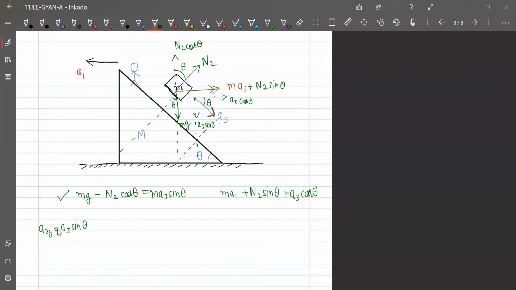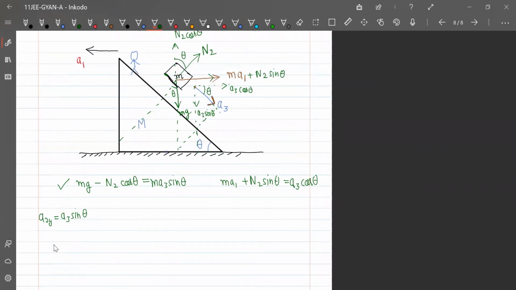And one more thing, see, acceleration of smaller block m with respect to person, let me call this as person, or with respect to bigger block, that will be equal to acceleration of smaller block with respect to ground minus acceleration of bigger mass with respect to ground.